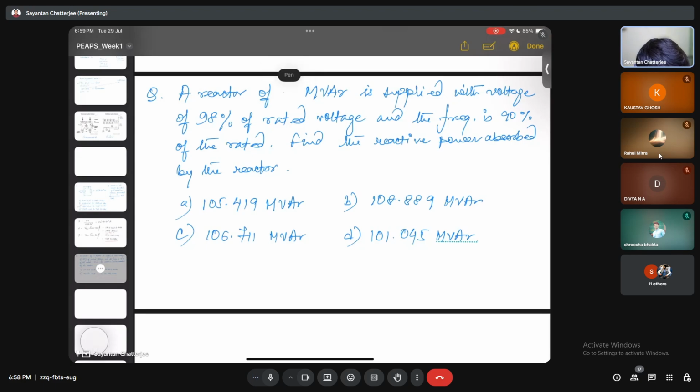A reactor of 100 MVAR is supplied with a voltage of 98% of the rated voltage, and the frequency is 90% of the rated frequency. So find the reactive power absorbed by the reactor.